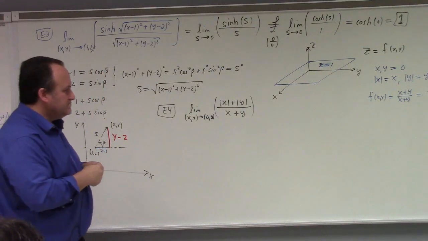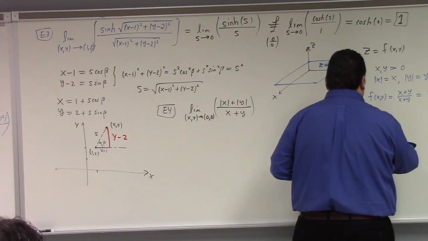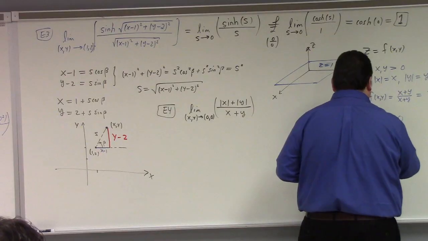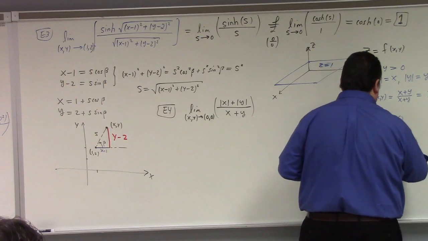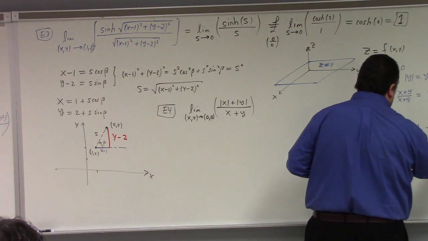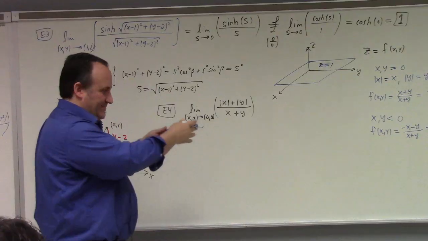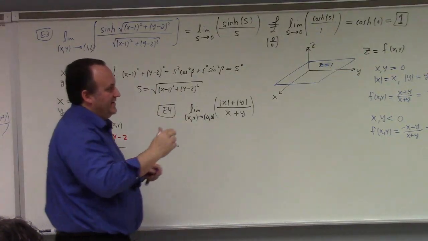How about x and y both less than 0? It would be negative. -1, right? Because it's minus 2 over 2, that cancels to -1.